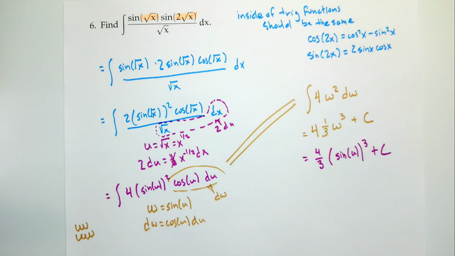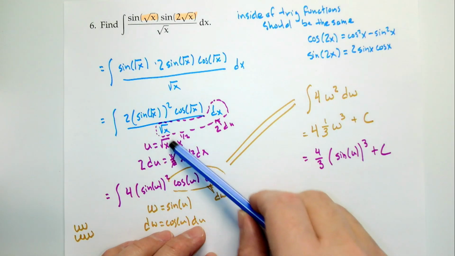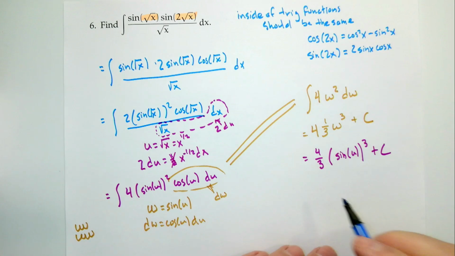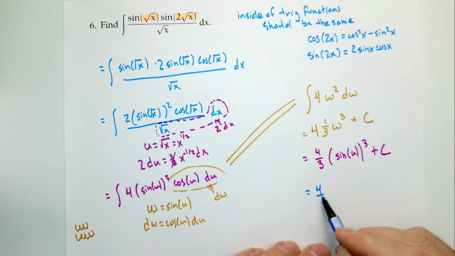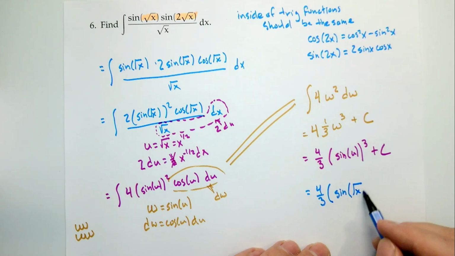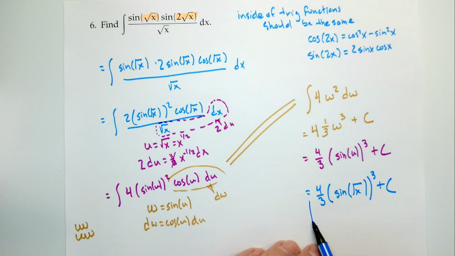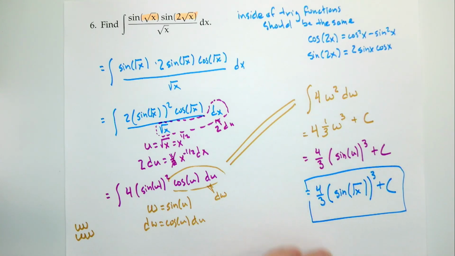No, because we're back from w to u. So we've got to go one step back still. What was u? Well, it was back here. u was square root of x. So we're going to get 4/3 times sine of square root of x, cubed, plus c. And now we're really done.